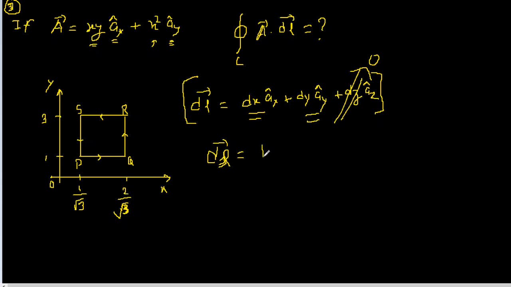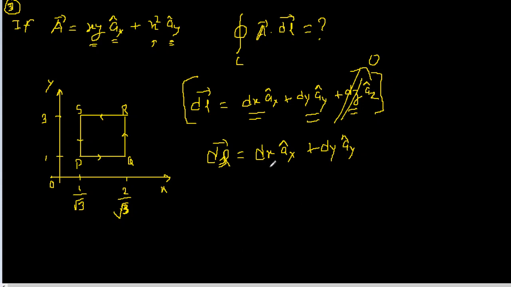So we can write it as dx x cap and dy y cap, as we are dealing with x and y coordinates only. If the diagram were in 3D space, we would use the z direction also, but here only x and y are provided, so we can proceed with this.